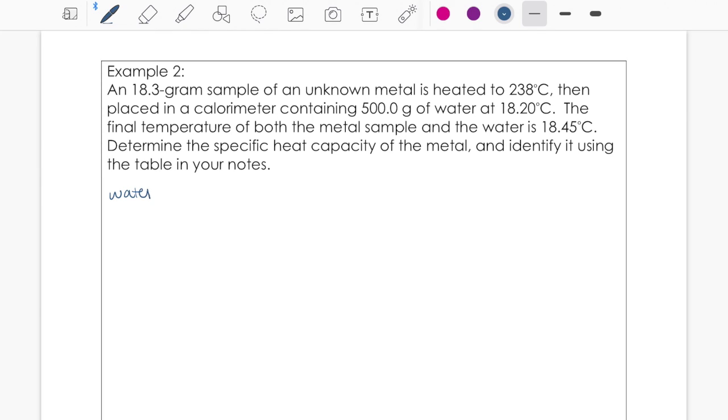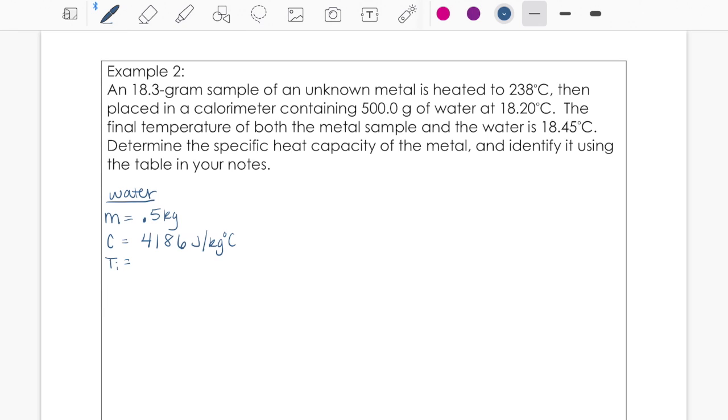So I'm going to start by just writing out the information that we do know. For water, they gave us the mass. They did give it to us in grams, so we have to convert it to kilograms. So we have 0.5 kilograms of water. The specific heat of water, we can go back and look at the chart given above, and it is 4,186 joules per kilogram degrees Celsius.